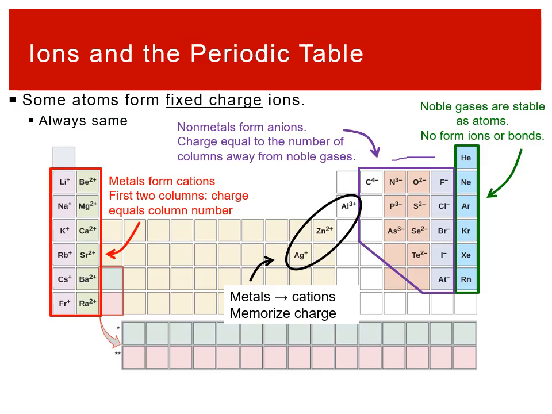Whereas on the other side, your metals over here lose a couple of electrons. And we were able to predict how many based on the number of columns away from being a noble gas that atom was. How many extra electrons or how many fewer electrons did it have relative to what a noble gas would have, which doesn't form any sorts of ions.